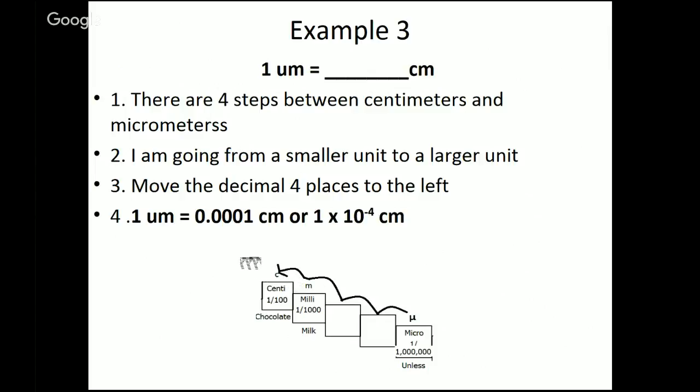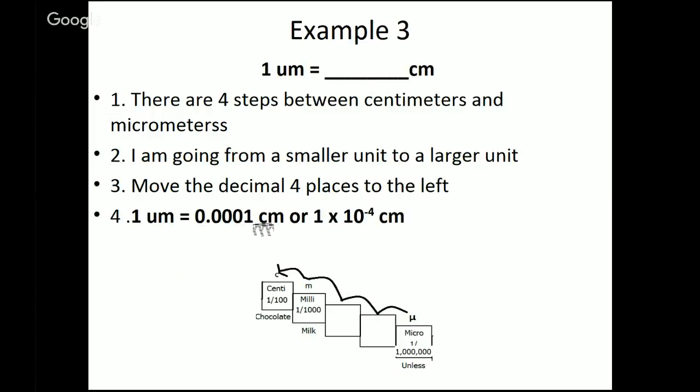We make that exact same movement with our decimal point. Our decimal point would go right after the number 1 here. So to convert it, we're going to move it 1, 2, 3, 4. We're going to add 3 zeros to it. And so that tells us that 1 micrometer is equal to 0.0001 centimeters.